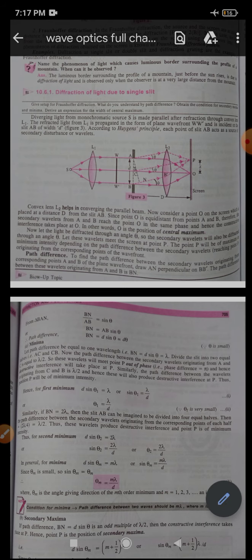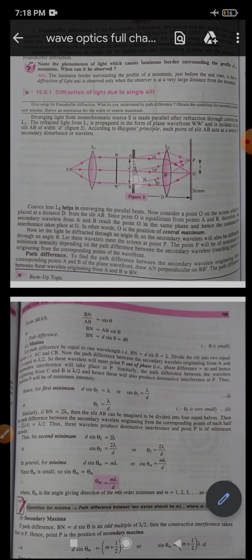These plane wavefronts W' are made to fall on a slit AB, which is a very small opening having width D. Here we denote D as the width of the slit.